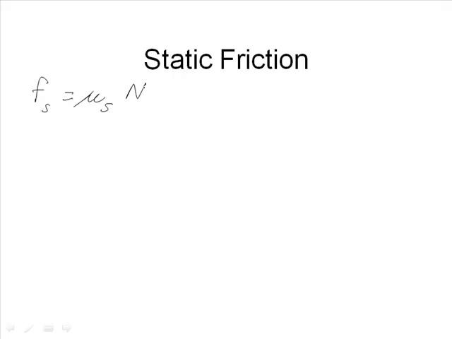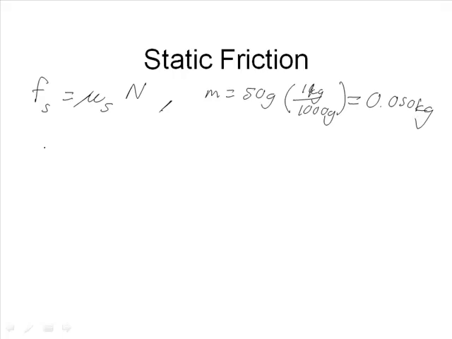So let's take an example of a calculator. Suppose my little blue calculator has a mass of 50 grams, which I can get into kilograms. That is 1 kilogram for every 1,000 grams, and this gives me 0.050 kilograms. Then I want to know the normal force. Well, it's sitting on a table. Gravity pulls down with a force of mg.